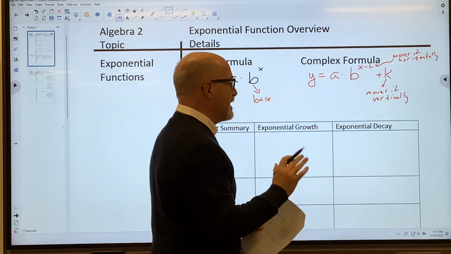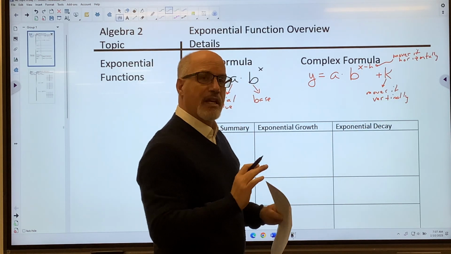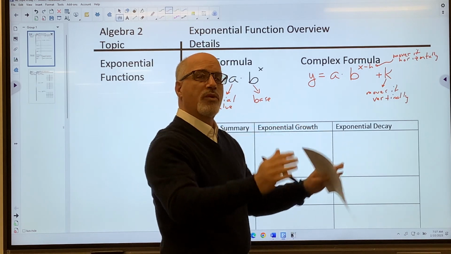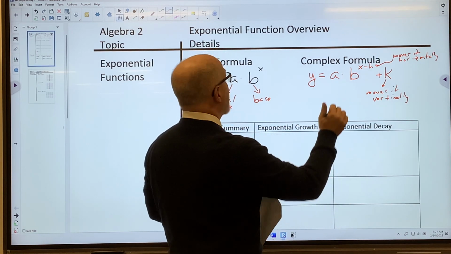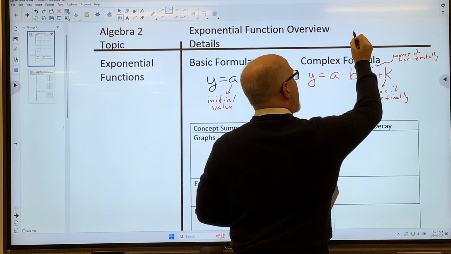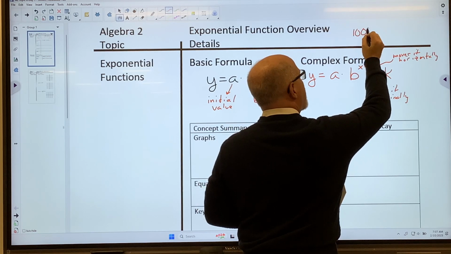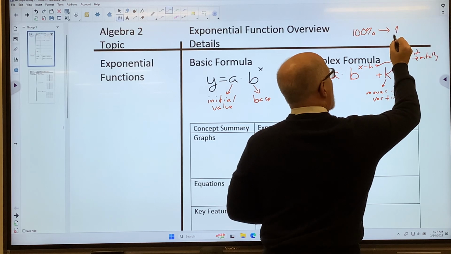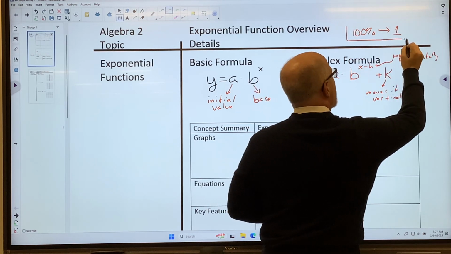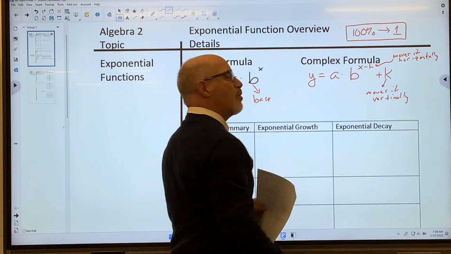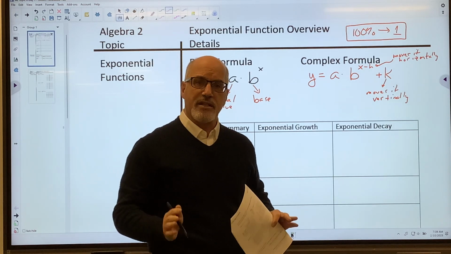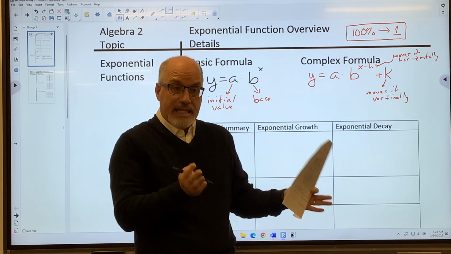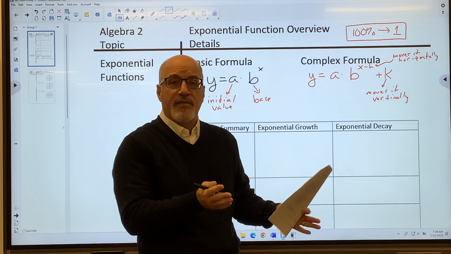Now, a basic idea that will help you for the whole chapter on exponential functions: we have to recognize that 100% is just the number 1. So when you see the number 1 in these problems, it represents 100%. 1 times something is itself, so it's 100% of itself.